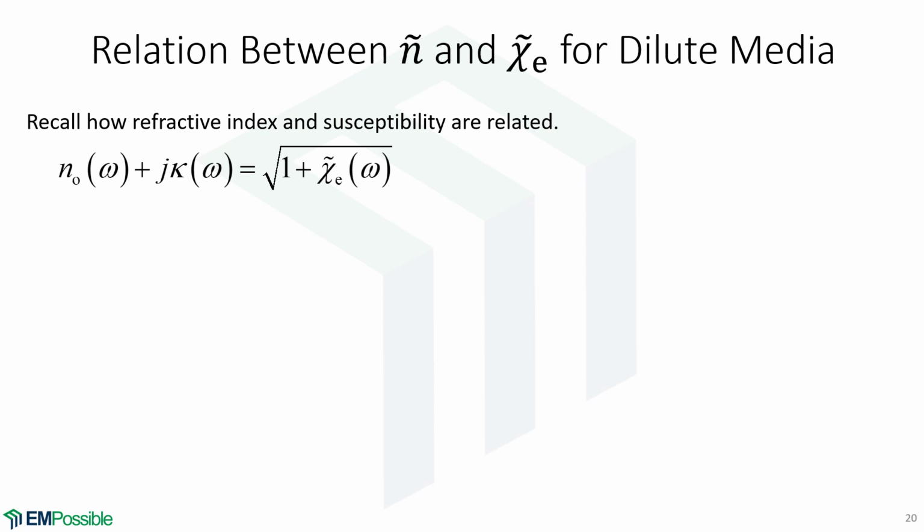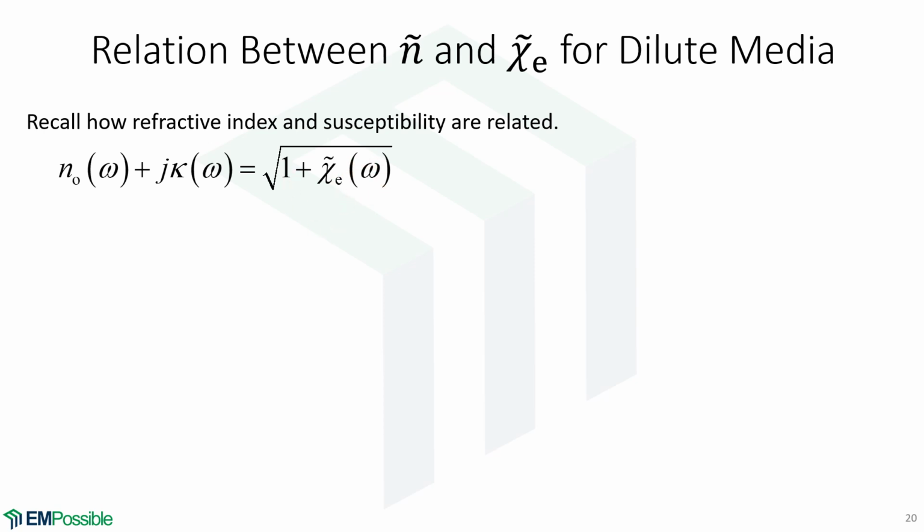We want to write the Kramers-Kronig relation that's relating the real and imaginary parts of refractive index, but the math gets a little weird, but there's an exception that makes this easier. And this is the idea of having a dilute media, which really means that the susceptibility is weak. So let's remember how refractive index and susceptibility are related. Refractive index is the square root of the relative permittivity, which is 1 plus the electric susceptibility.